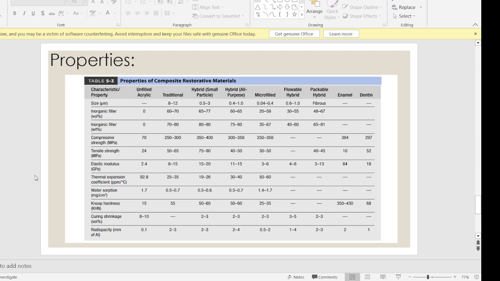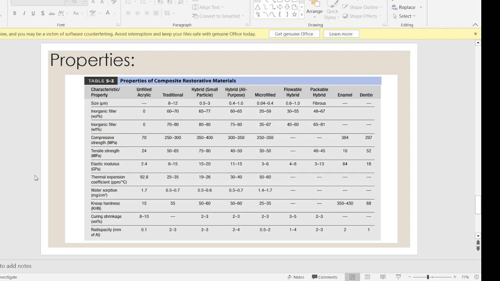As we see here, the traditional one or the unifilled acrylic has a resin matrix size that is very big and not uniform. Whereas in the recent advanced flowable hybrid composite, if you see here, the particle size becomes very small, like 0.6 to 1 micrometer, and the packable hybrid composite is fibrous in nature.